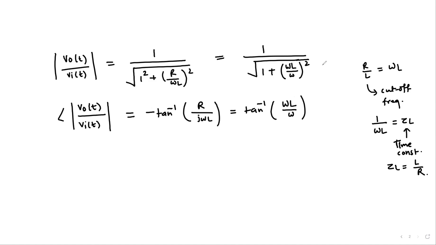So we have, let's say, equation number A and equation number B, because these two are the equation for magnitude and the equation for phase.